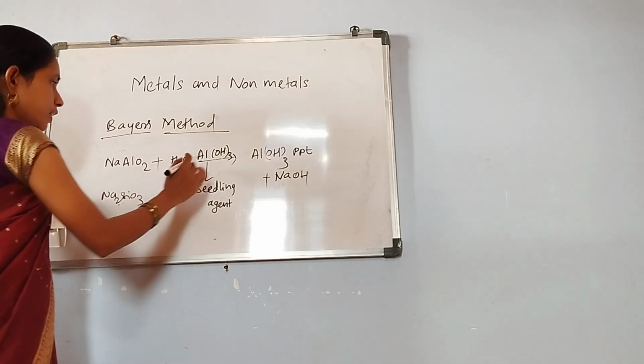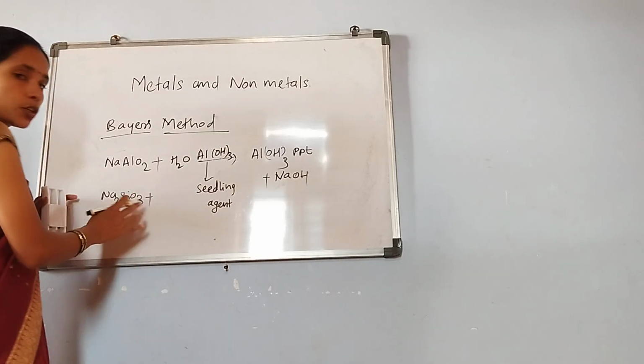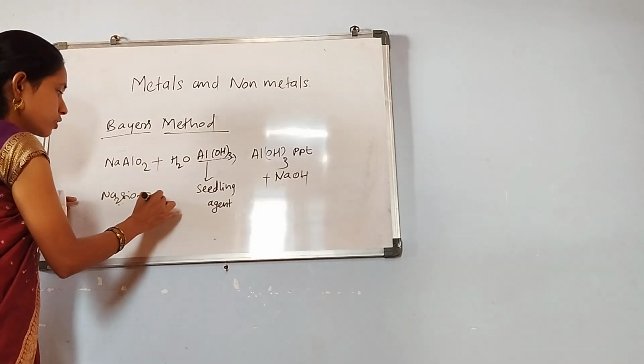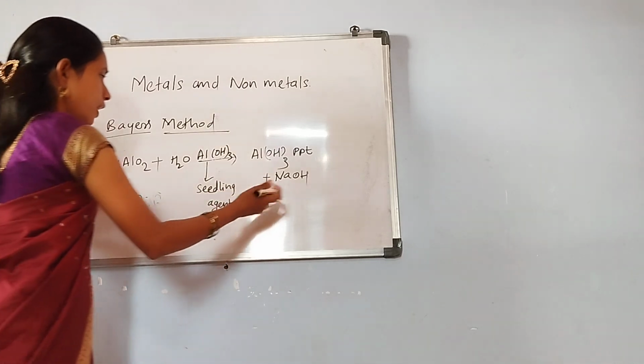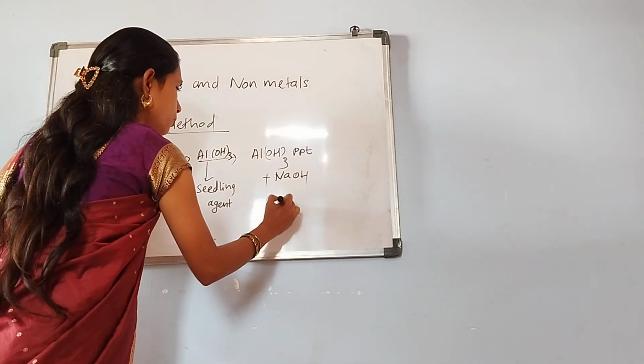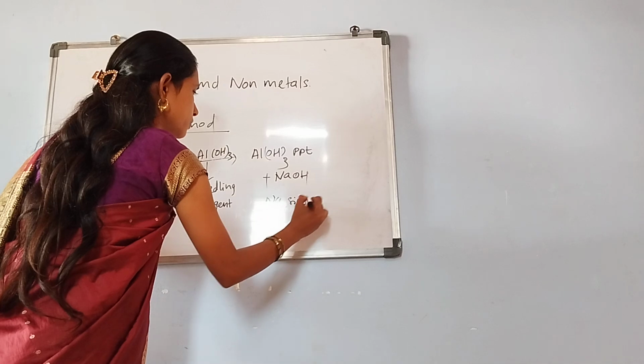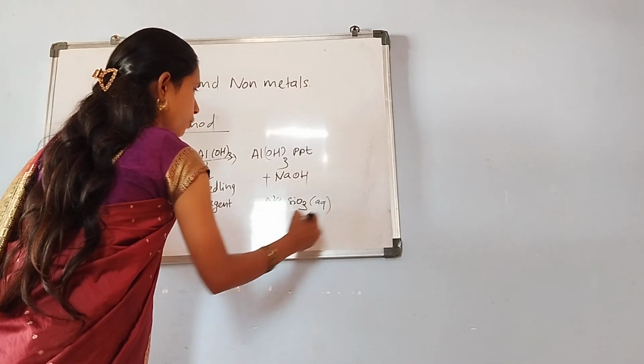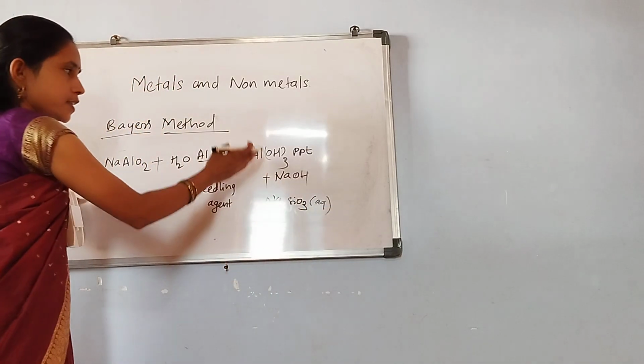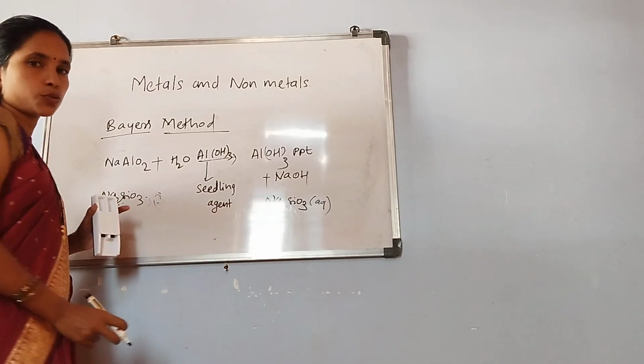It will not undergo the hydrolysis process, so it will remain as it is, in the aqueous form only. Na2SiO3 is in aqueous form, and Al(OH)3 is a precipitate. So now we can easily separate this precipitate from the aqueous solution.